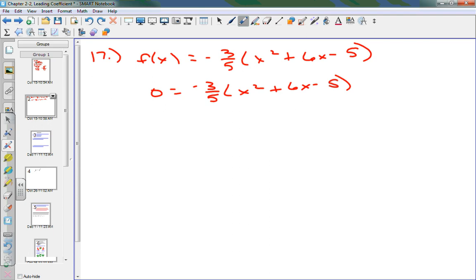Why would I distribute? It's outside the parentheses, and I need to distribute this. Negative 18/5 x minus or plus, negative times negative is a positive. The 5's cancel out to give me 3. Now what do I do to complete the square and make this thing go in standard form?